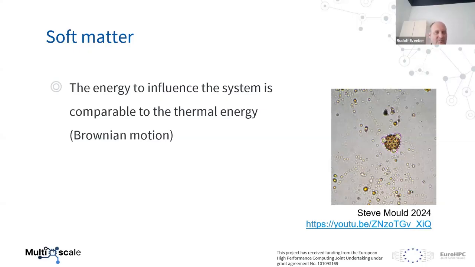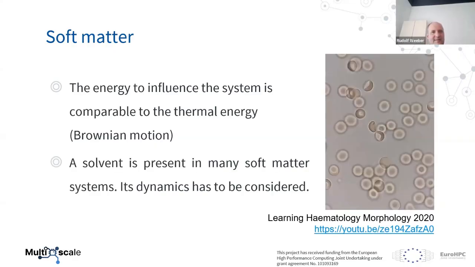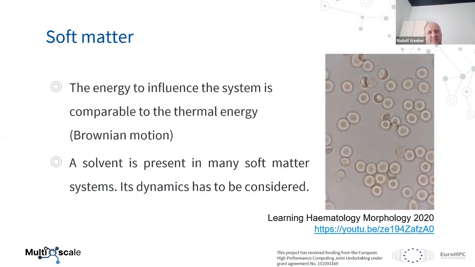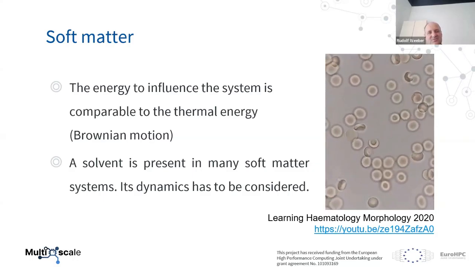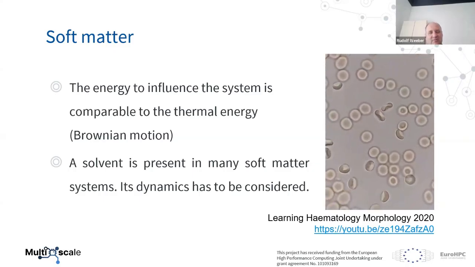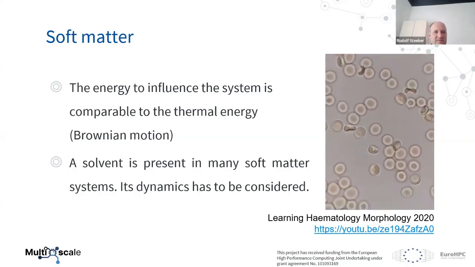So moving on. The energies are comparable to the thermal energy. So Brownian motion is important. At the same time, nearly all of soft matter science, like for instance, a red blood cell in the bloodstream, would be in the presence of a solvent.